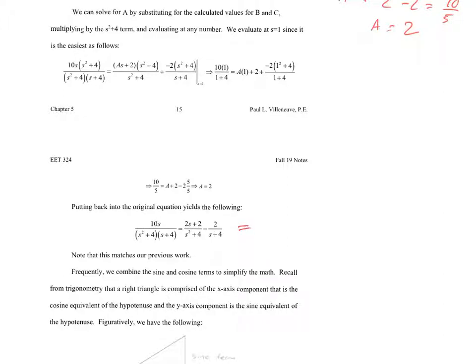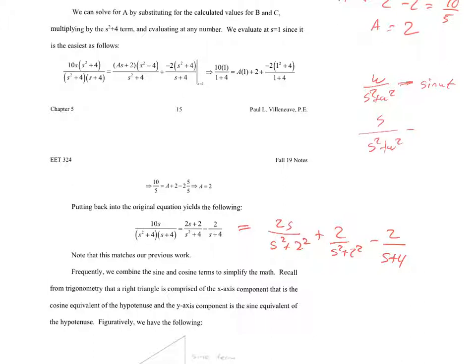So if you were going to do partial fraction expansion, we want to go to the inverse Laplace. The first thing we need to do is split the terms: 2s plus 2 over s squared plus 2 squared, minus 2 over s plus 4, right? Because in your Laplace table, we have omega over s squared plus omega squared is the sine of omega t, and s over s squared plus omega squared is cosine of omega t.